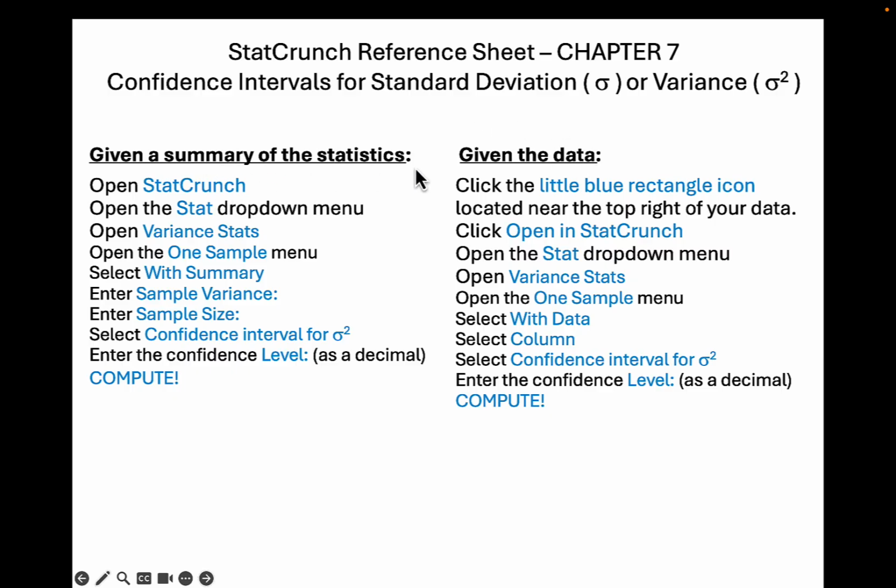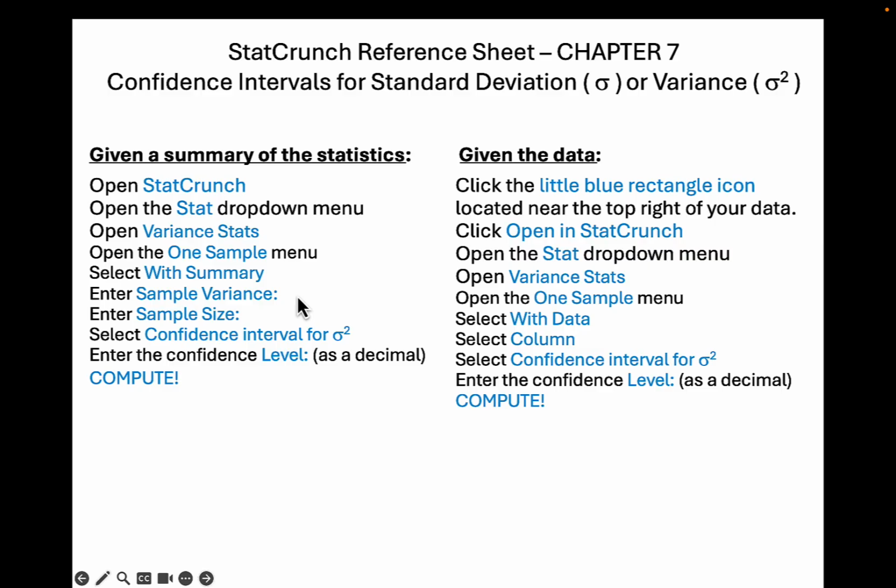Once you get that loaded up in StatCrunch, you can see here the program we're going to use is called variance stats. It'll be the one sample menu with summary, should that be what you have, with data, if that's what you have.